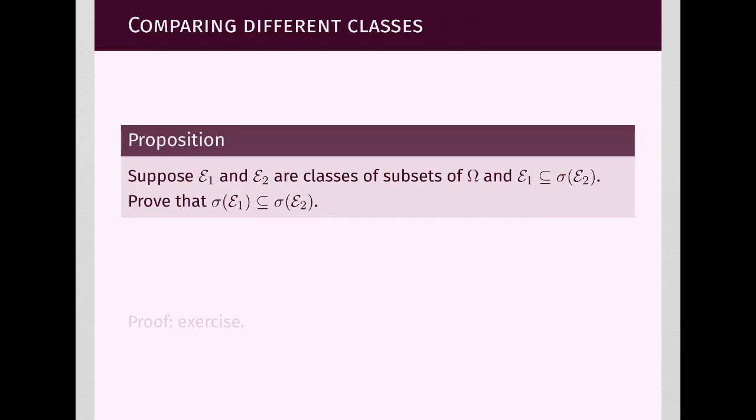And we have seen a very useful property that will be useful exactly in this second part of the video lecture: in order to check that the sigma algebra generated by a class is contained in the sigma algebra generated by another class, it is enough to check that the first class of subsets of the sample space is contained in the sigma algebra generated by the second class.